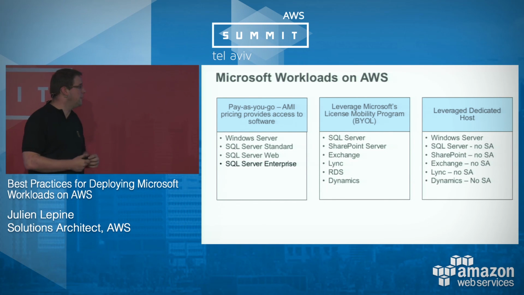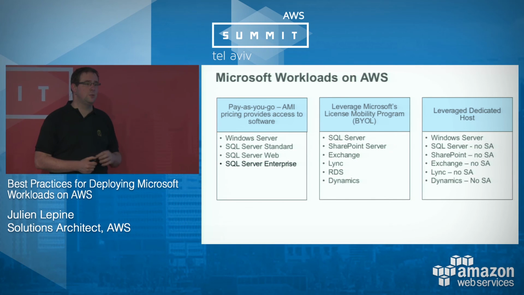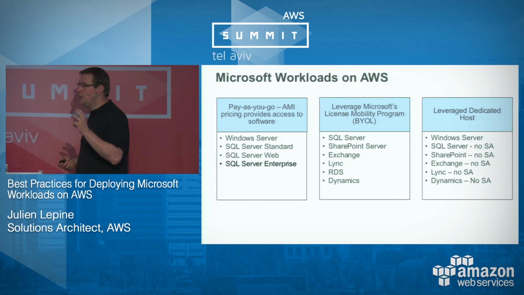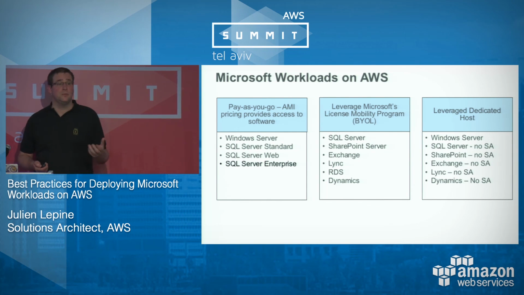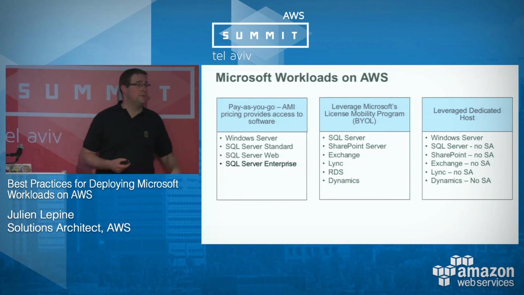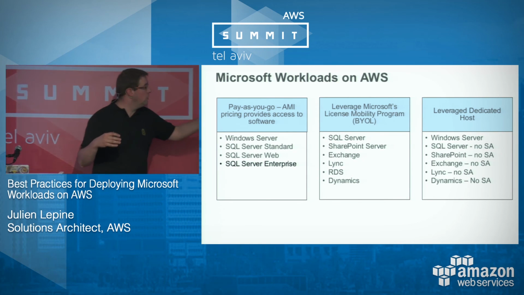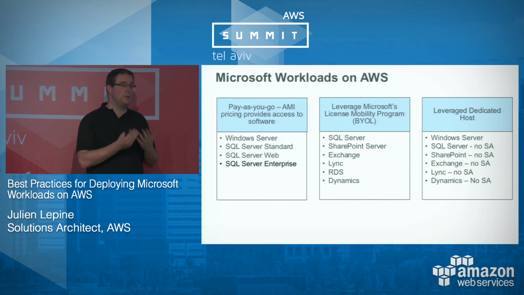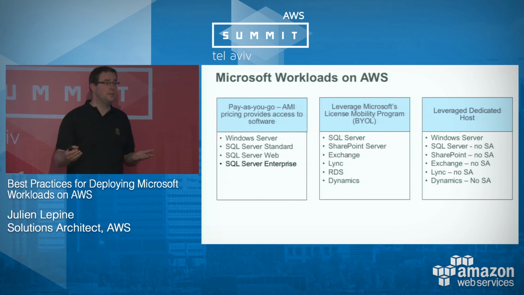On the other end of the spectrum, we have the dedicated host, which is a new offering where you can bring your existing licenses, even for some licensing without having Software Assurance. So it is really close to what you have on premises in terms of licensing. You are in full control over the host. And in the middle, we have this license mobility program that allows you to run your application on shared tenancy hardware.